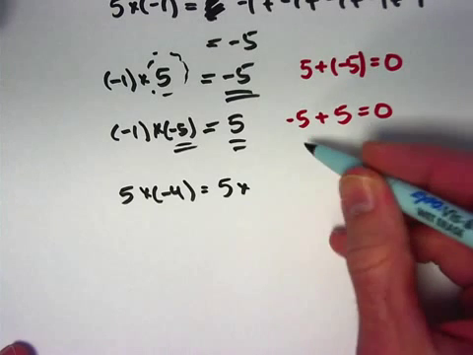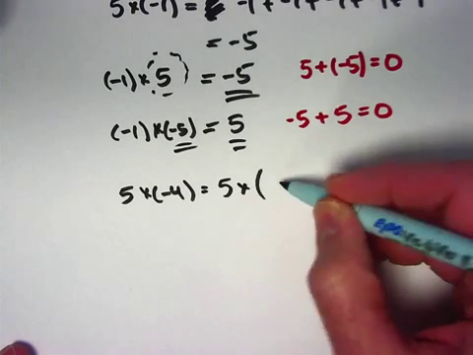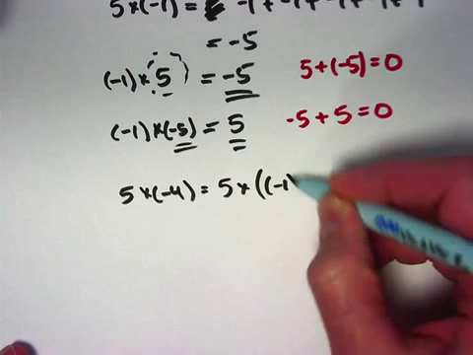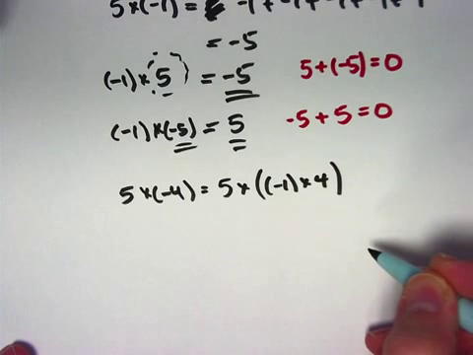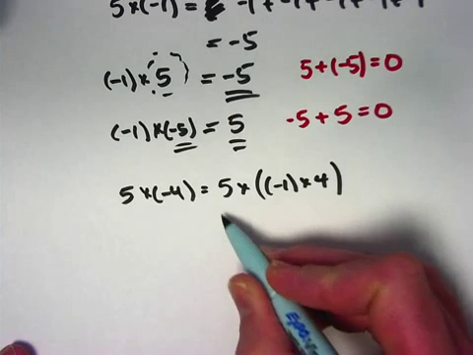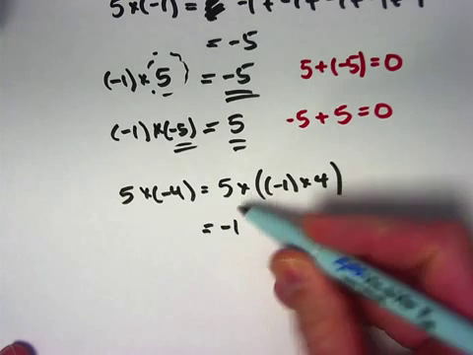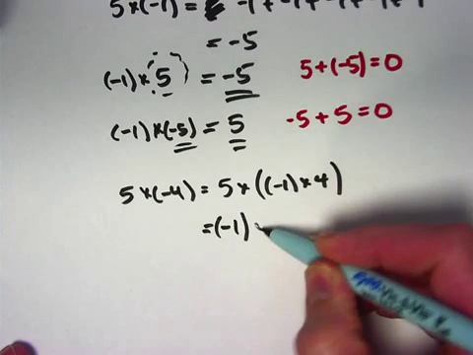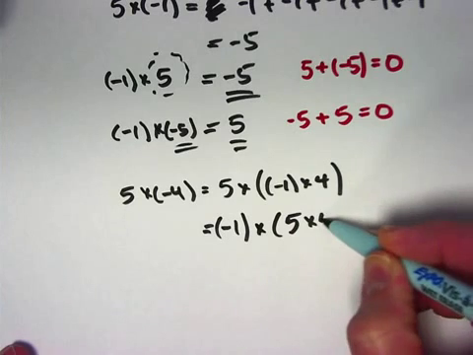Negative 4 is the additive inverse of positive 4, and as such it can be thought of as negative 1 times positive 4. And the associative property for multiplication works as well as the commutative property. I'm using both the associative property and the commutative property here. I can rearrange it to look like this.